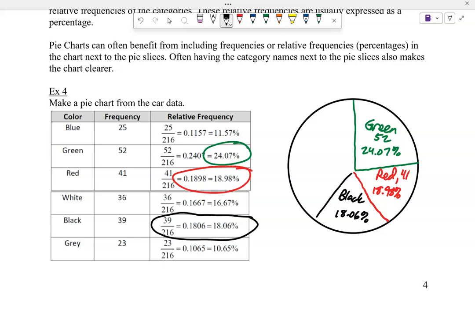And then it looks like white. So white, I've got 36 of those, 16.67%. And then I'll go with the blue, 11.57%.